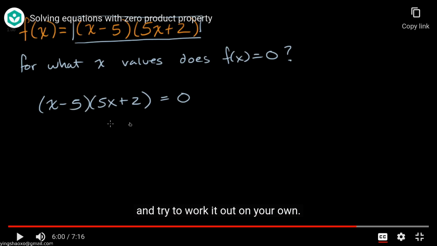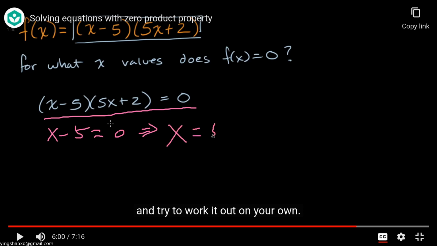So for this one, if this expression is true, then there are probably two possibilities. The first one is x minus 5 equal to 0. If this one is true, we can get that x is equal to 5. And the second possibility is 5x plus 2 equal to 0. And for this condition, x would be -2 divided by 5.